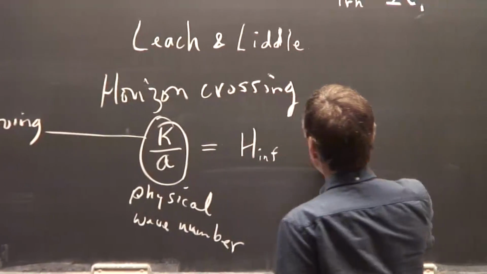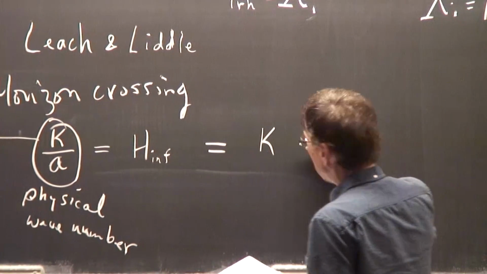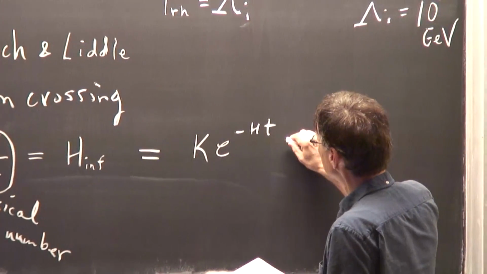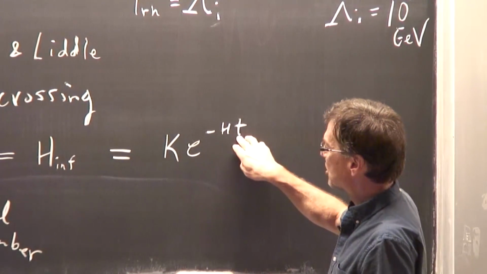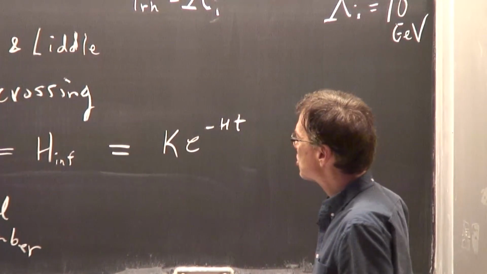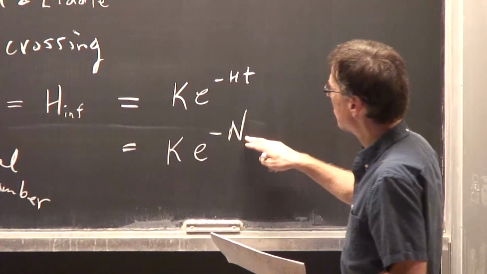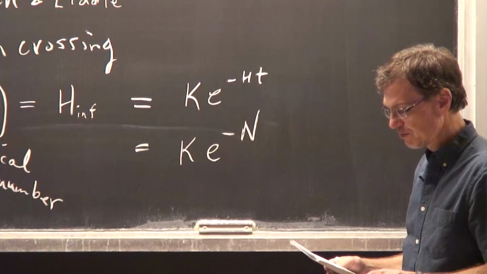And then, so mathematically, since during inflation, a is e to the minus Ht, then we can relate this to the time of horizon crossing, or usually more convenient, we can relate it to a number of e-foldings at horizon crossing.